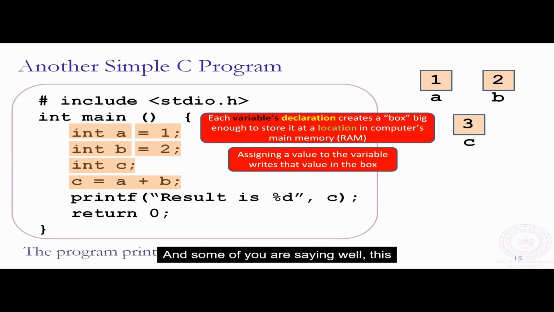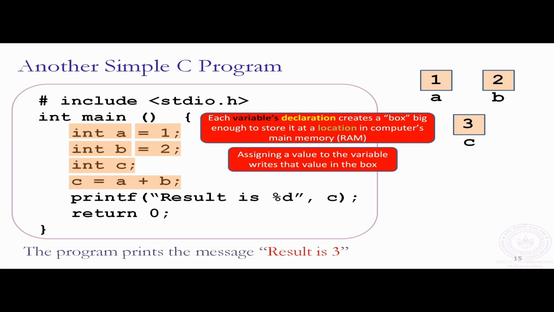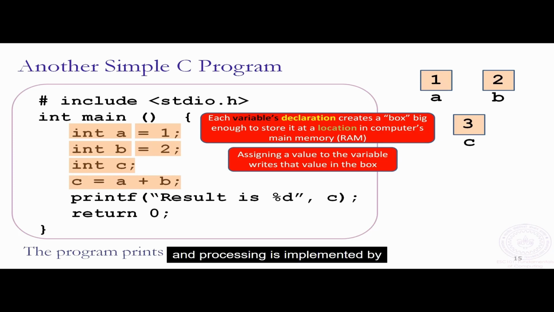And some of you are saying, well, this is all straightforward. It's actually not. There's a whole lot of sophisticated reasoning that is going on under the hood, and I'm hoping that when we cover this topic again slightly further down the line, when, for example, we start talking about pointers, you will realize just how elegantly information storage and processing is implemented by C. It actually is really, very, very beautiful.